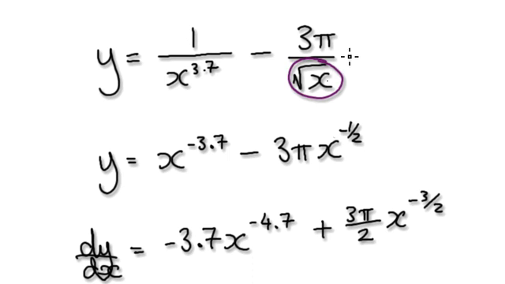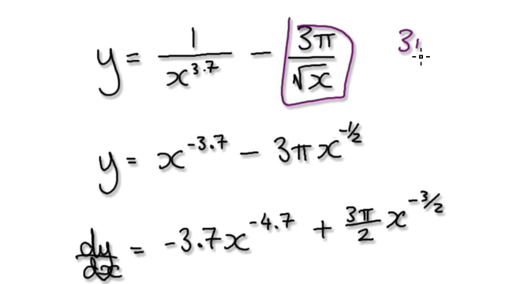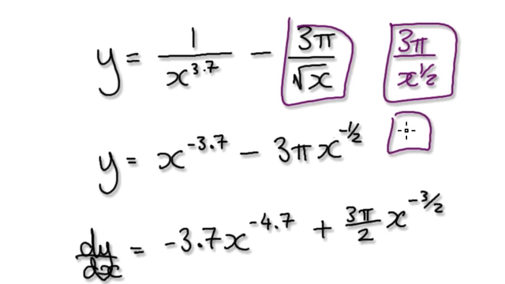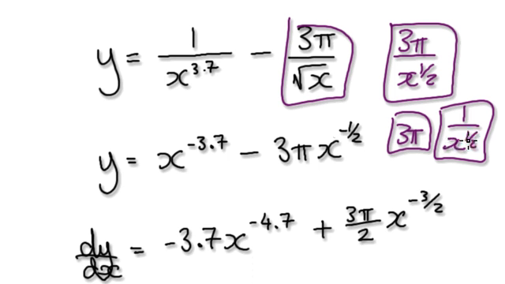Don't forget that this thing here is really 3 pi over x to the power of half, but then you would visualize this thing as 3 pi times 1 over 1 over x to the power of half. Well, 1 over x to the power of half is really x to the power of minus a half.